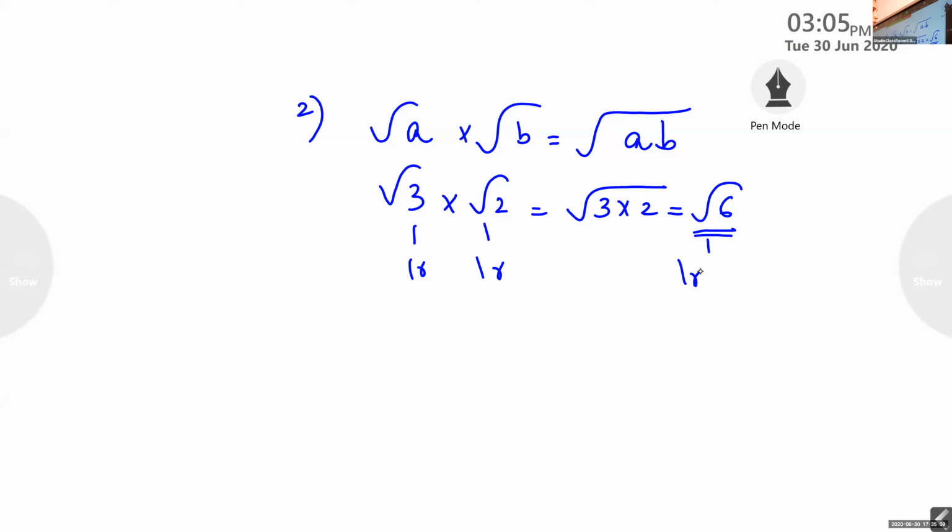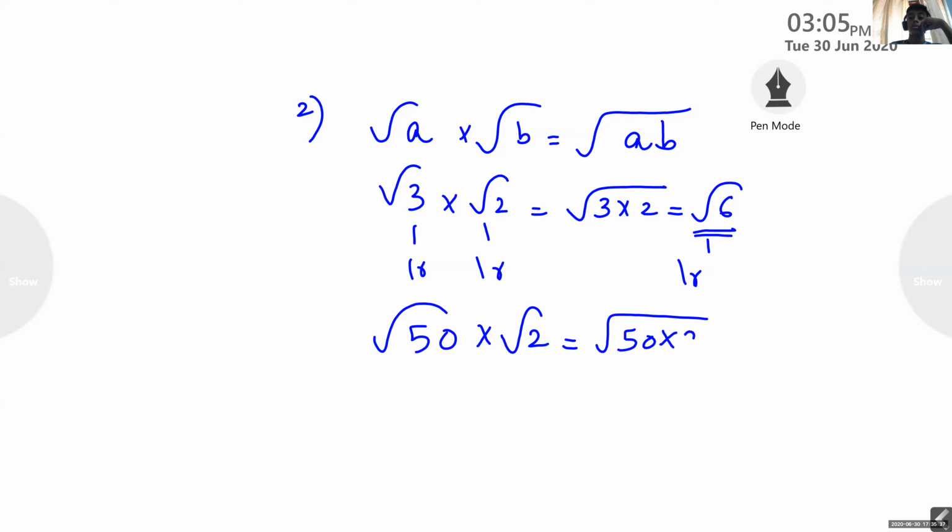You are coming to the answer. When you multiply, you should get a perfect square inside the root. Root 50 into root 2, very good. And what is the answer? Root 100, and the root of 100 is 10. Clear? So this is the multiplication rule.